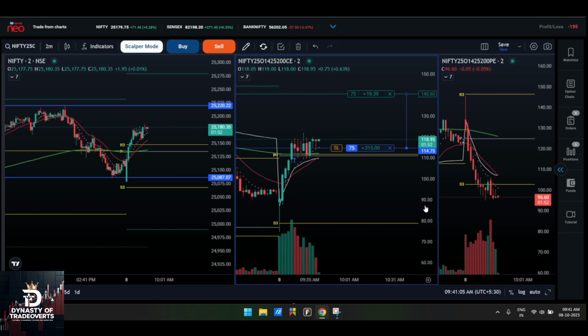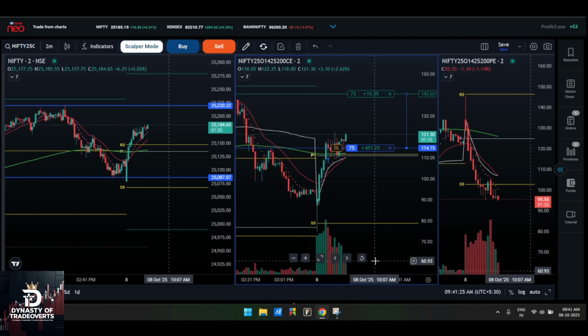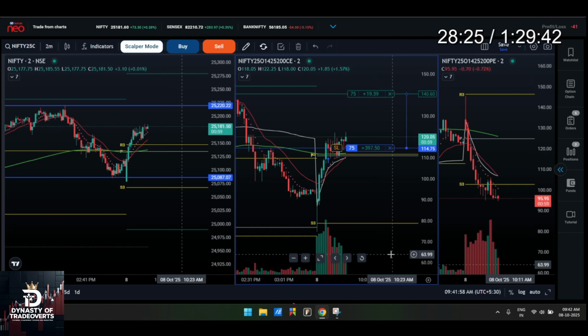But since Nifty is showing strength, I decided to hold on to this trade. Currently I have recovered my losses and I'm in slight profit, but I'm trying to capture the big win of 25 points. It's almost 10 points from my entry. But I'm holding on. My target is 25 points.